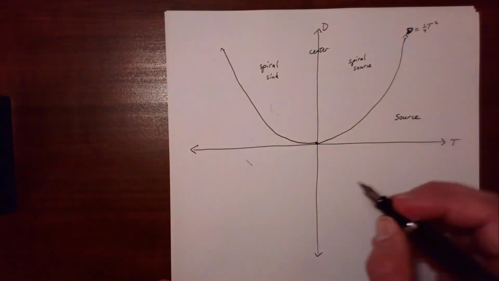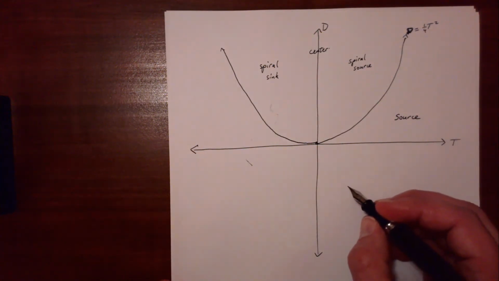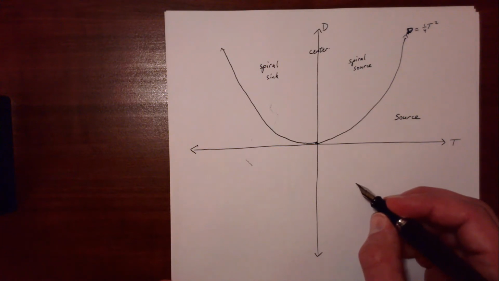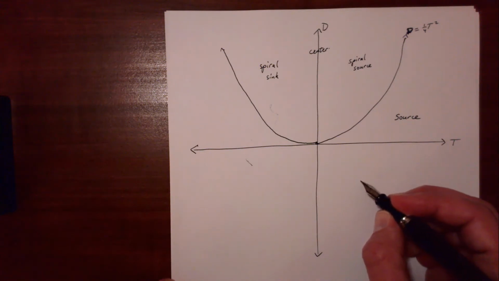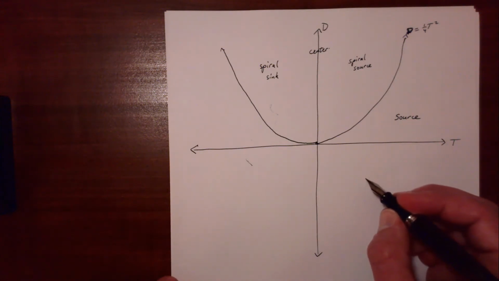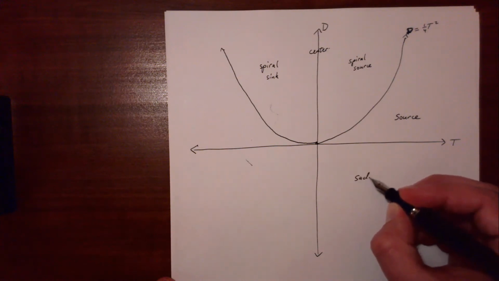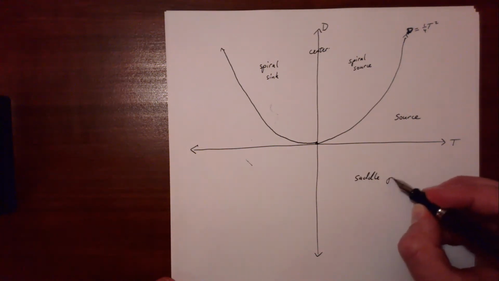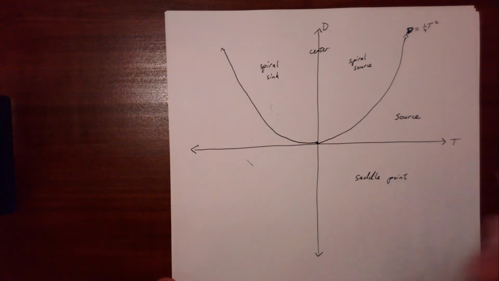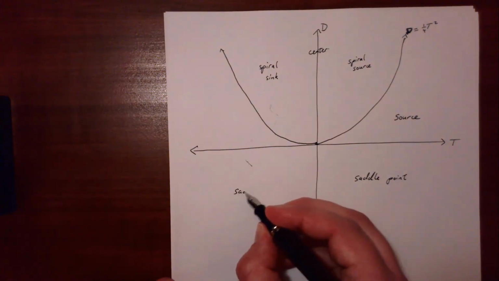Okay, we'll ignore the zeros for a second. Now let's look down here. So this represents negative value of determinant and positive value of trace. So that means they multiply together to make a negative, so they have opposite signs, and that means a saddle point. And that'll also be the case over here.